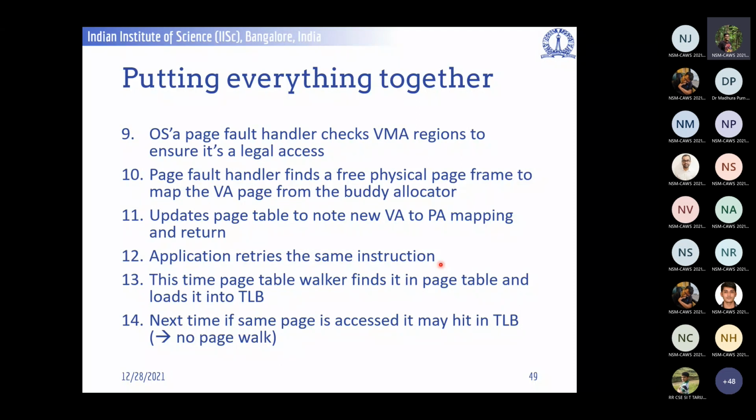It takes 2 to 3 microseconds to handle. If you move the page fault handling to hardware, it may not bring much performance benefit, and it would make things much less flexible. That's the reason you rely on the operating system to handle page faults.